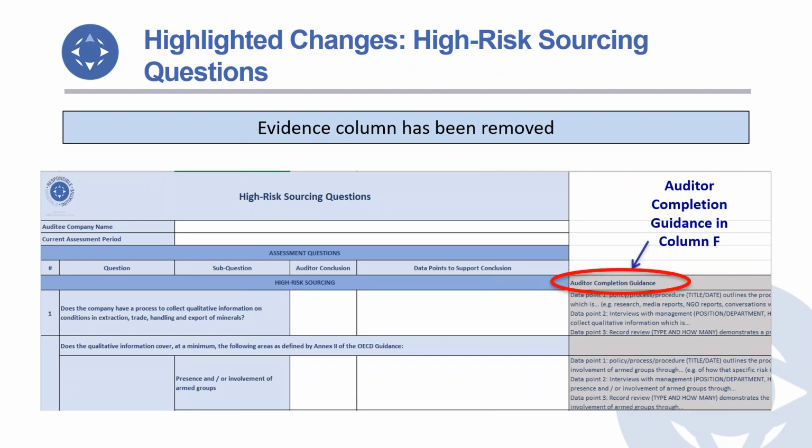For example, if it's only high-risk supply chain and the source is DRC and the smelter and the auditee uses ITSCI, that's fine, and you don't need to complete those questions on that tab.